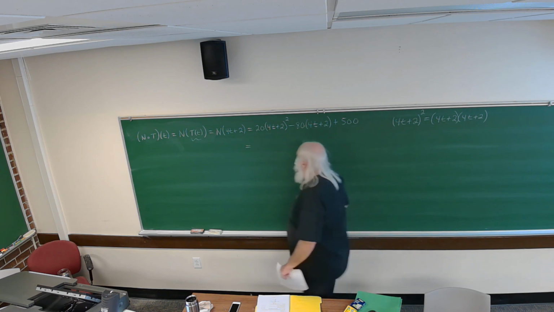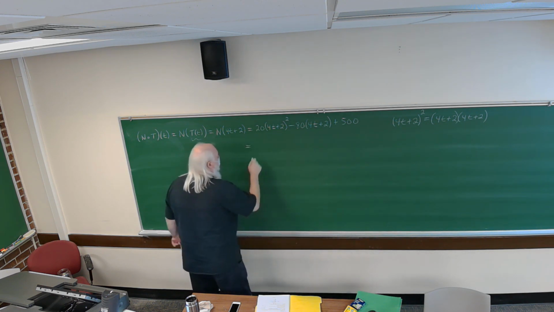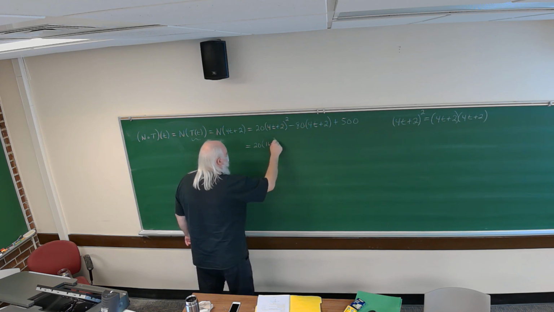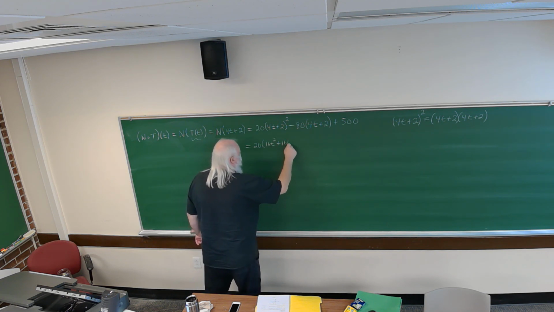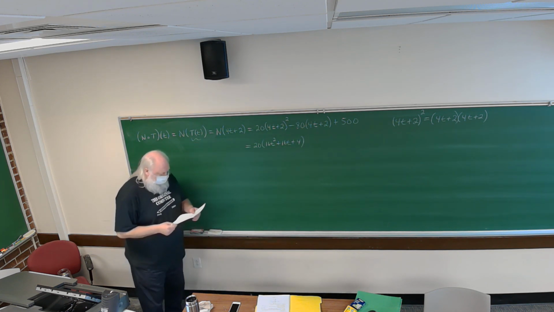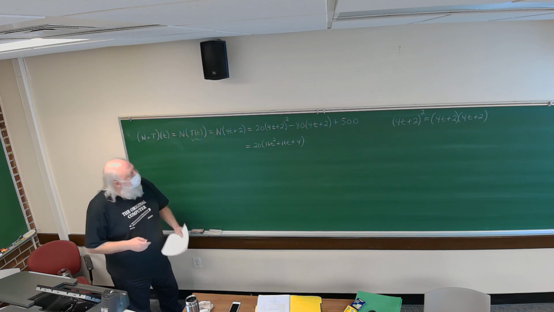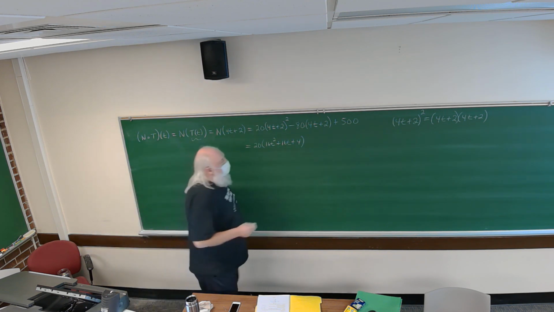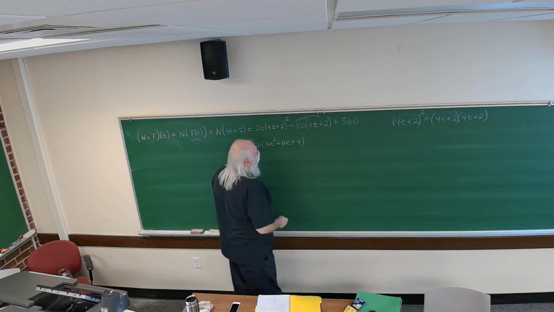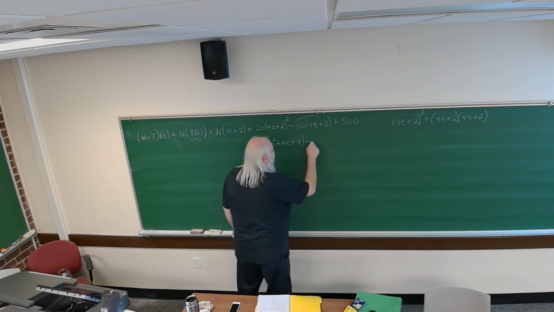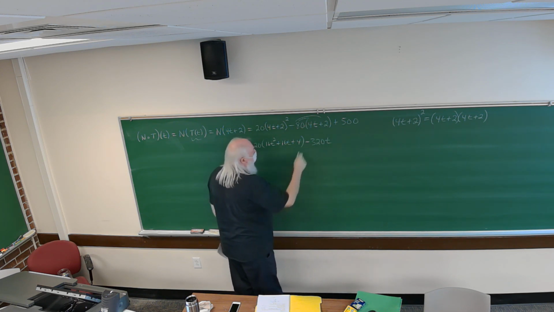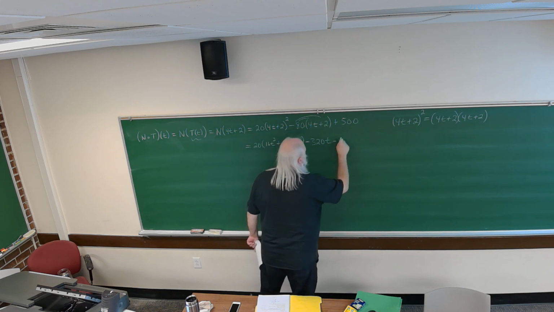So when you FOIL that, you verify this, you get 16t squared plus 16t plus 4. And then you've got to distribute the minus 80 inside the parentheses. Minus 80 times 4t is minus 320t. Minus 80 times 2 is minus 160.